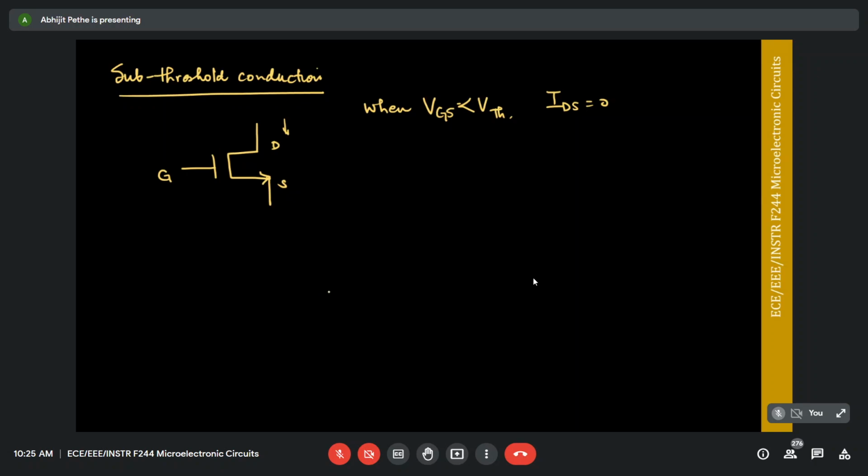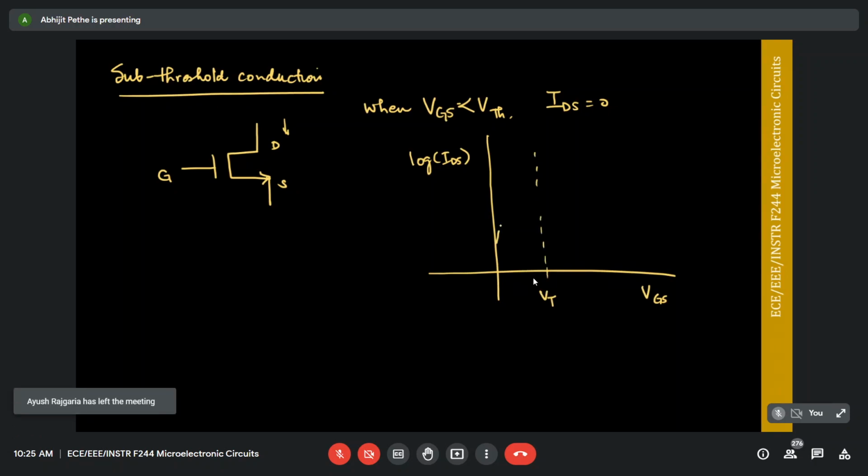In reality, that is not the case. IDS is a small quantity. So if I plot log of IDS, you should remember this from ED, as a function of VGS in a semi-log plot, the graph looks something like this.